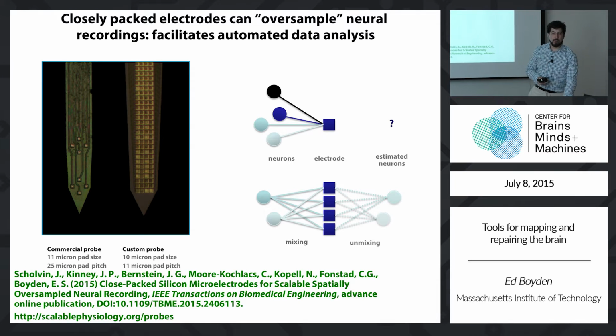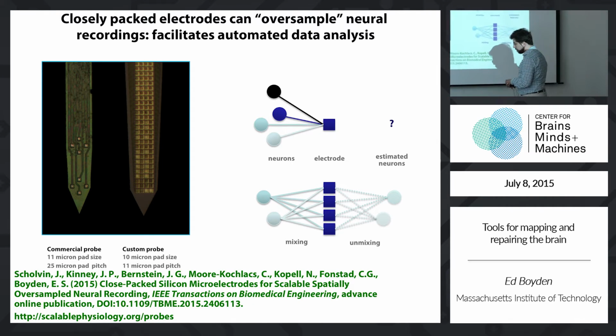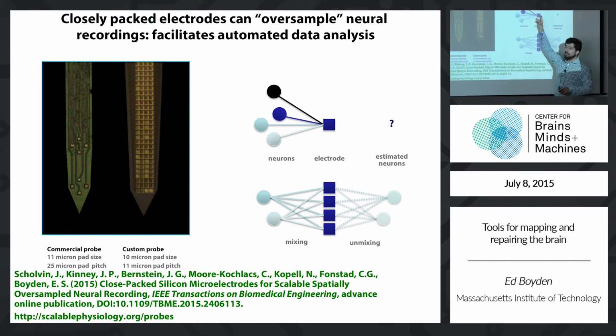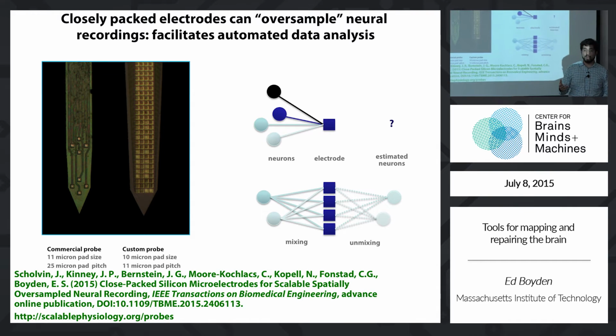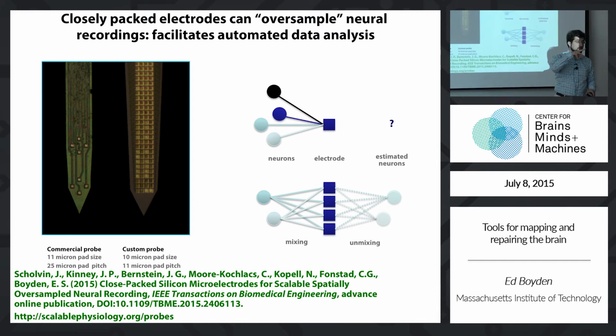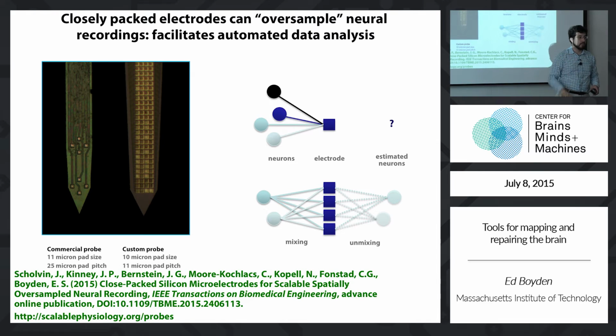Now, why bother? Well, to get more neurons, but it's not just that. If you have many neurons and too few electrode pads, it's very hard to take that complex signal and break it down into individual neural signals. Analogously, if all of us started talking and we have only 2 microphones, it's very hard to unravel our voices and assign them back to us, right?